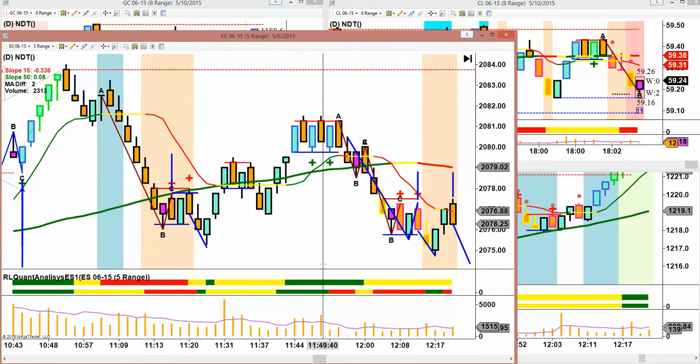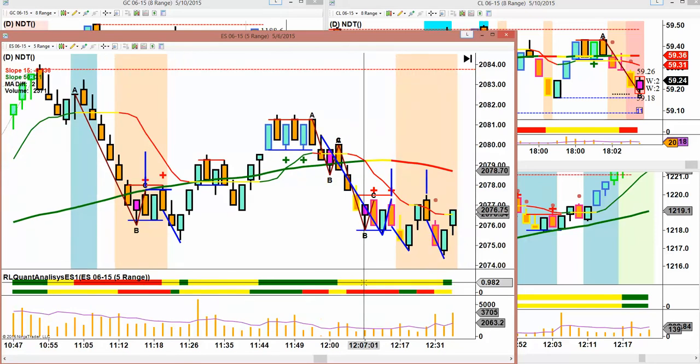The thing that's really important is you don't look for the dual quants to line up and then take a trade. You look for a perfect trade and then look down at the bottom of the chart to see if that perfect trade is confirmed by the dual quant lines.